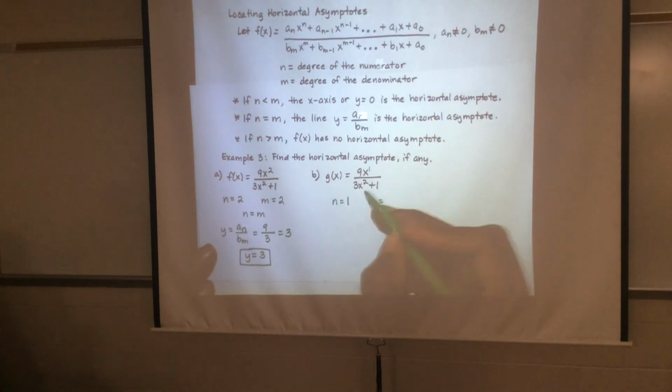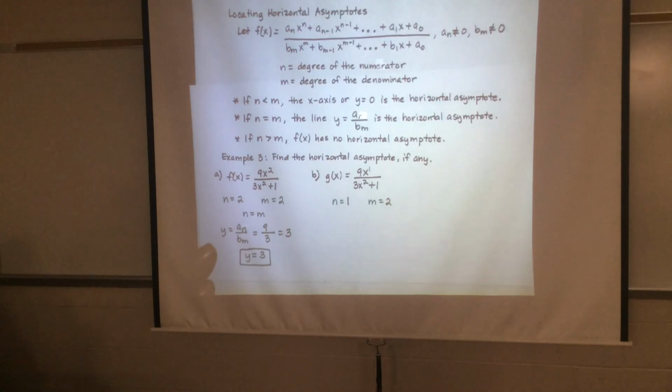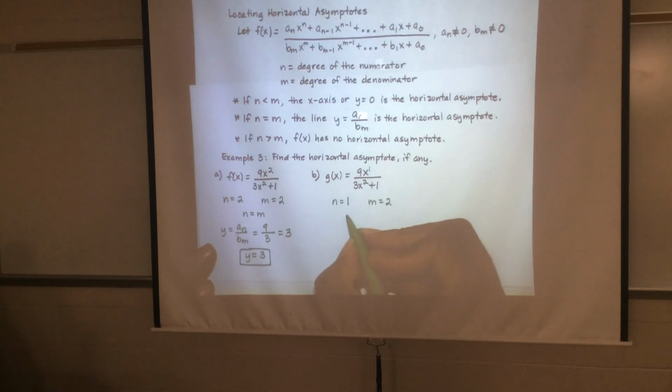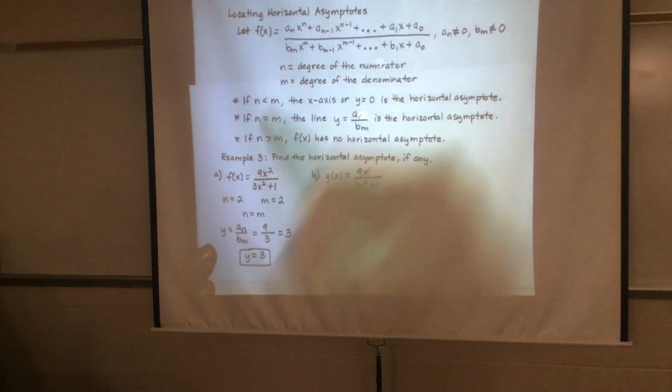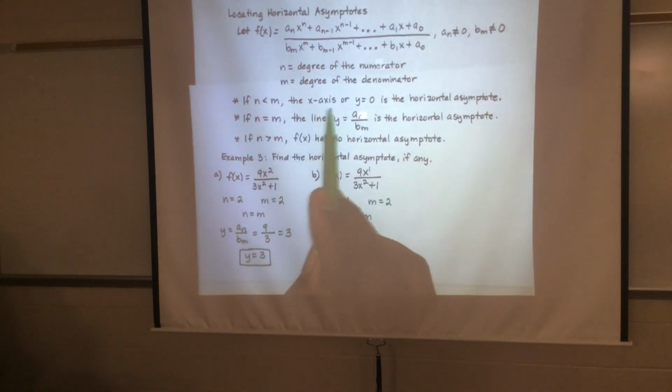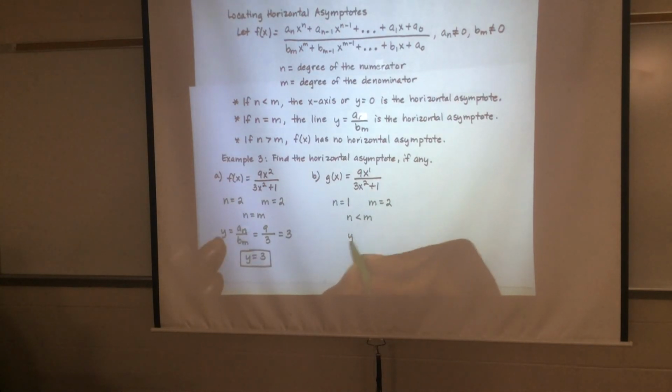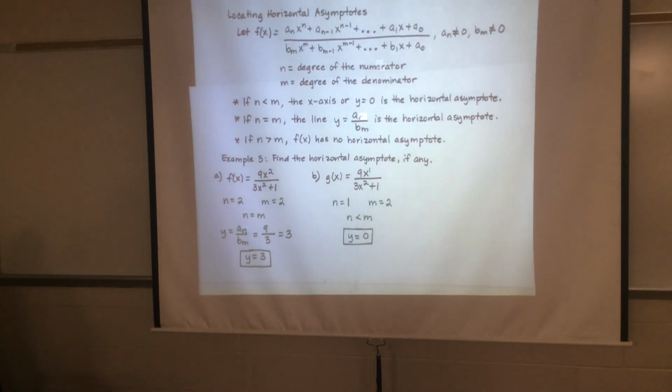The m is the highest exponent in the denominator. That's your 2. Now you're going to compare n with m. Here you see n is less than m: 1 is less than 2. That would mean the x-axis, or the equation y equals 0, is your horizontal asymptote.